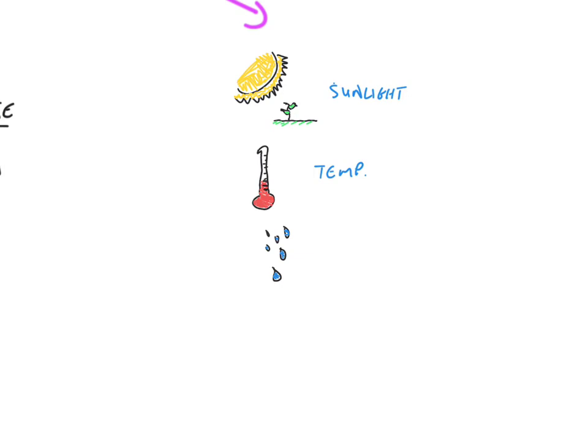If temperature goes above a certain level or below a certain level, that will control the population growth of certain species. And the third one, of course, is precipitation. Particularly for plants, but for all living creatures that require water, precipitation and access to water is very, very important.